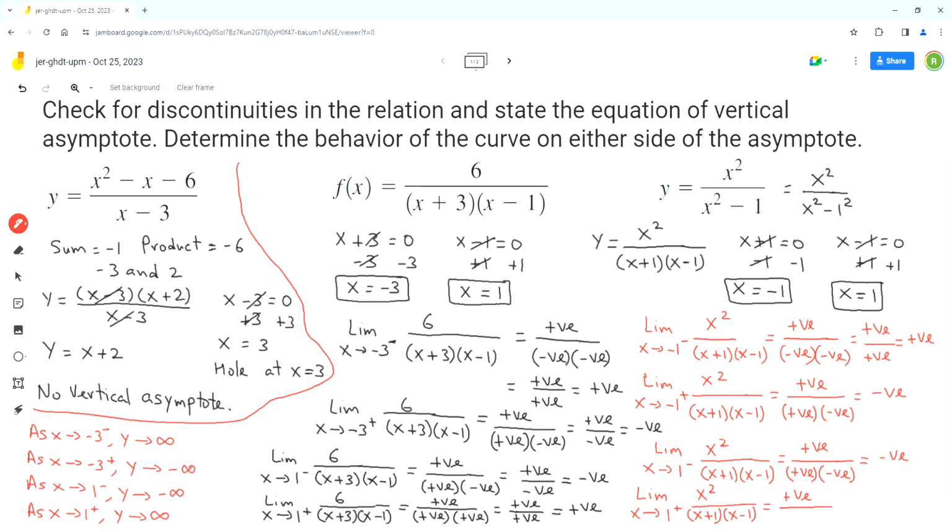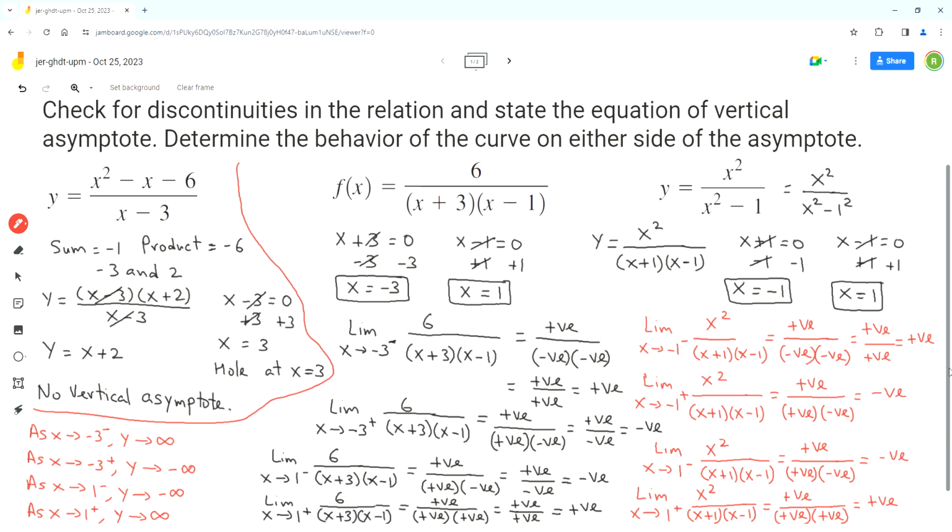Now the first parenthesis, x plus 1, will be positive for a test value of 1.1, which is to the right side of 1. And x minus 1 will also be positive, so 1.1 minus 1 will be positive. So the overall value for this limit will be positive.